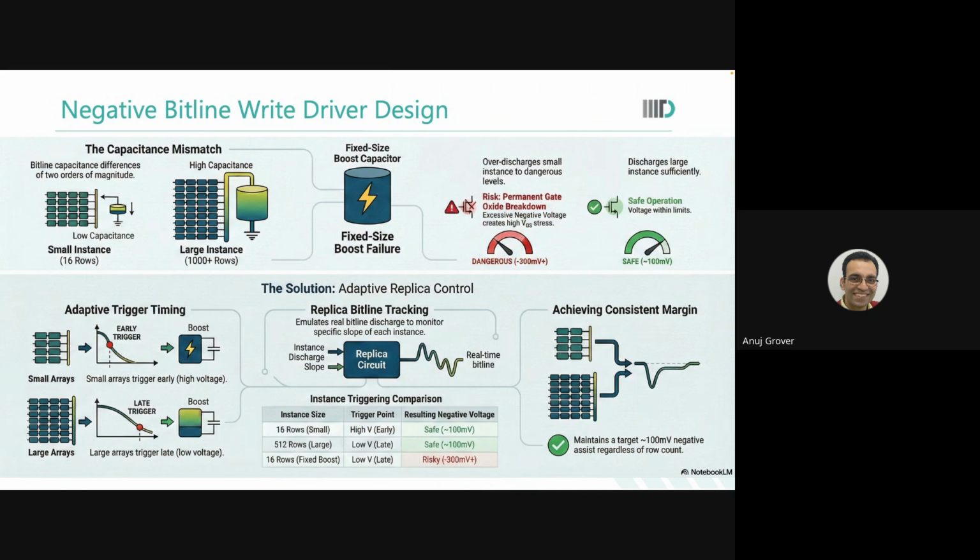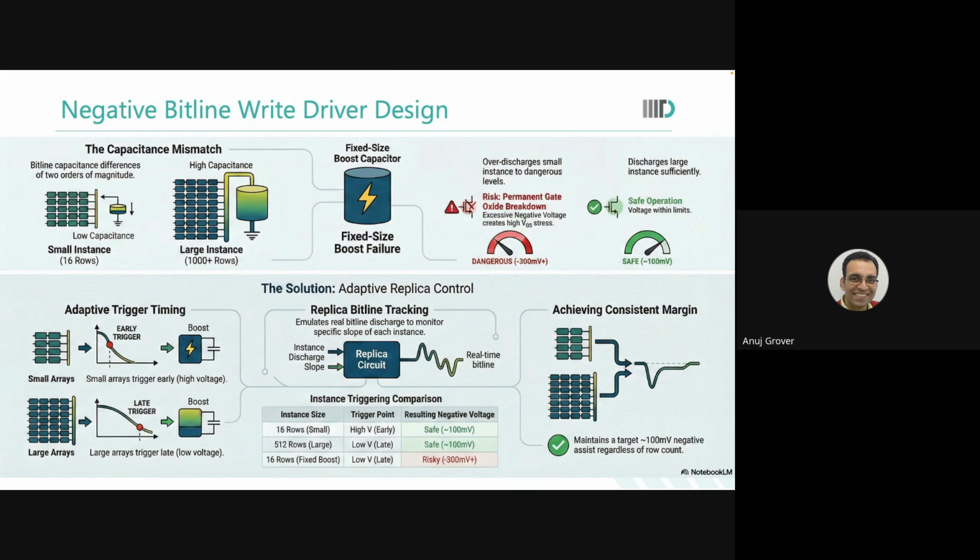And I observe what is the level of charge in this replica. This replica is used to track, for this particular instance, it will track this, and for this particular instance, it will track this. That is why it is called a replica.